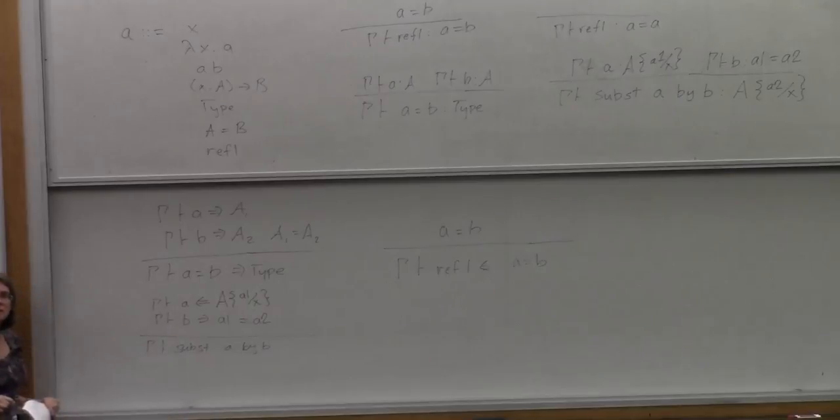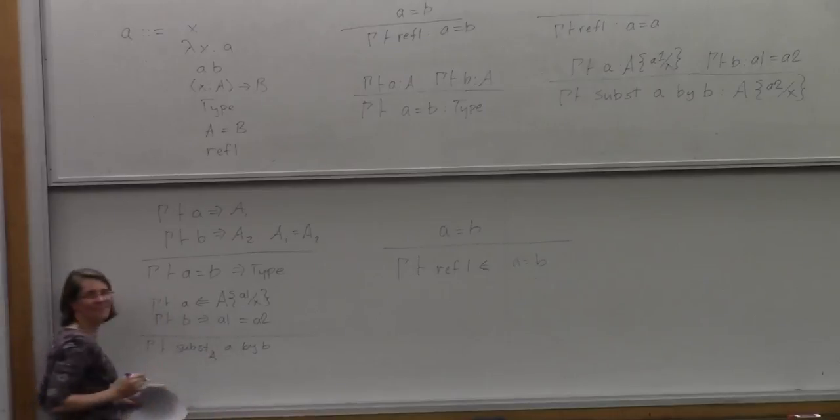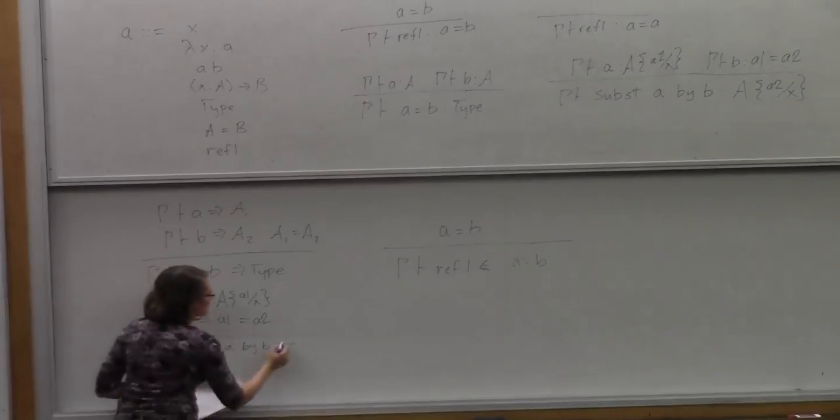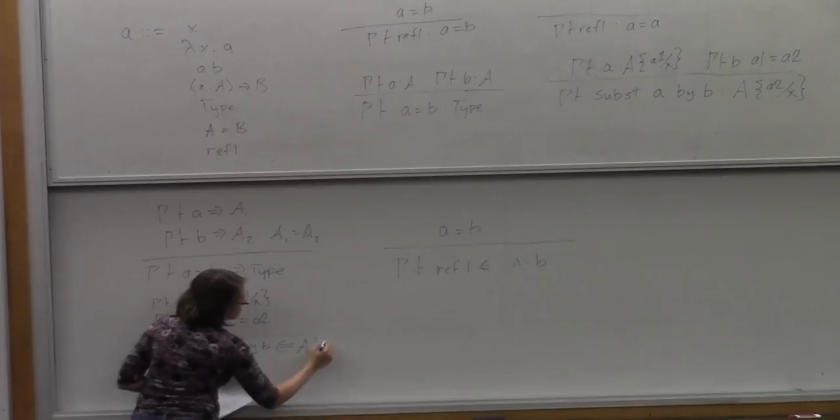But then where does A come from? We could annotate it. Because it can't be this A, because we also need to do the substitution here.